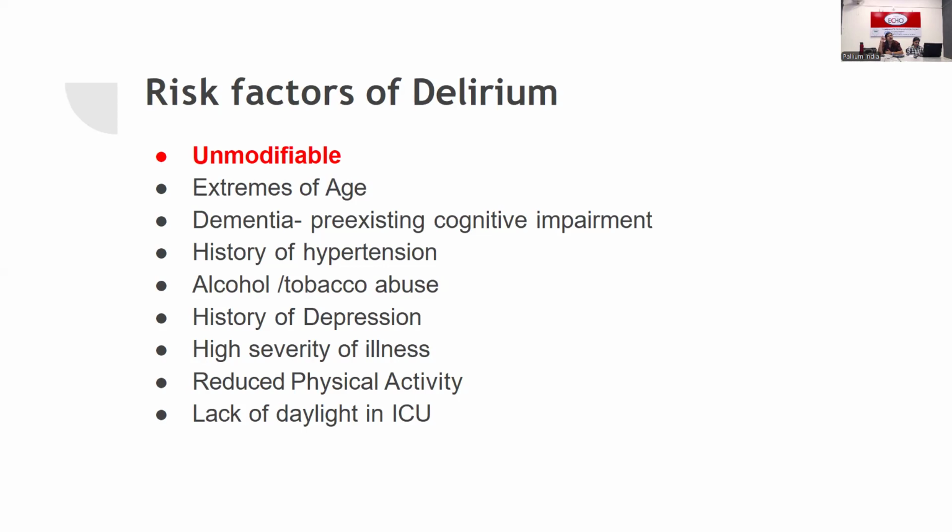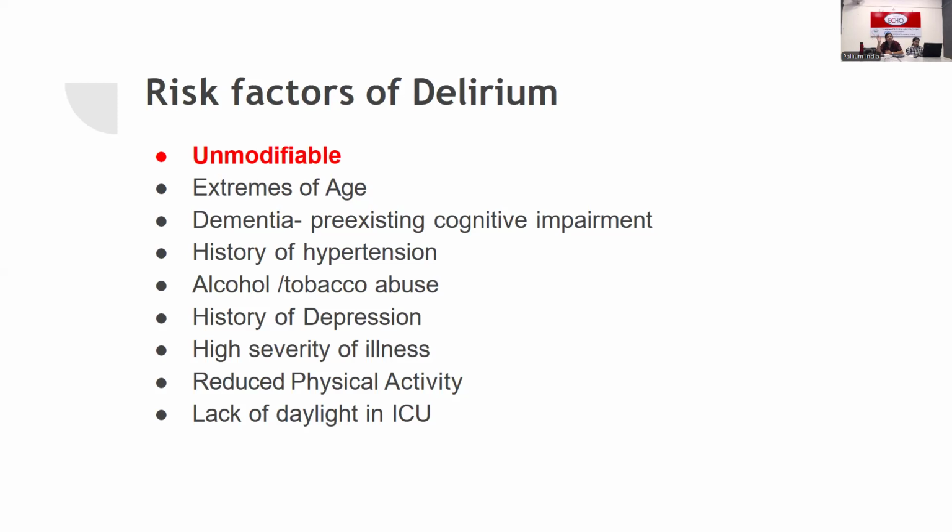Extremes of age: a frail old patient can develop delirium. Dementia: a patient with pre-existing dementia, like an 83-year-old lady with dementia, can develop delirium. Sometimes infection or constipation can precipitate delirium very fast. We cannot do anything about these. Dementia doesn't have a proper treatment, right?